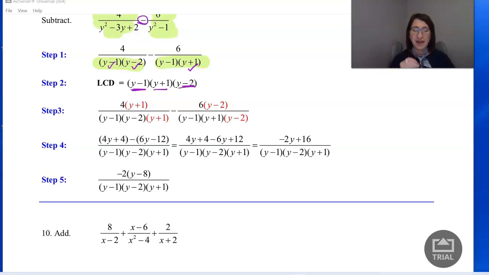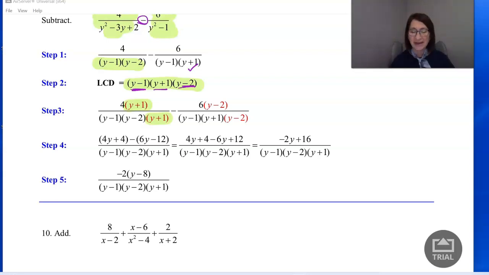All right, so now when I compare my very first rational expression to my LCD, I ask myself, what is missing? Well, it would be the y plus 1. So that's why that first rational expression is multiplied by y plus 1.